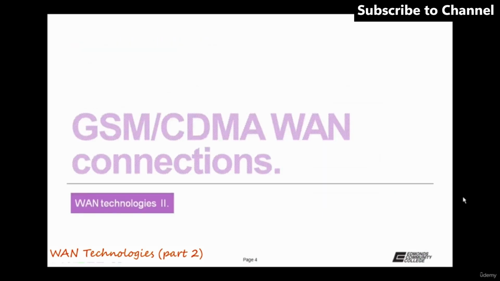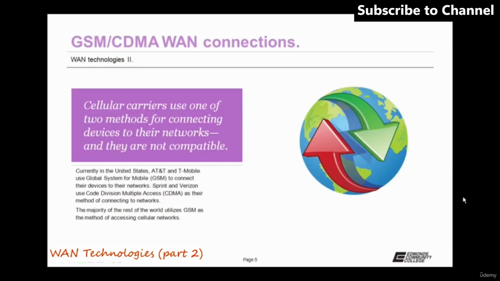And of course, I'm going to begin with the GSM and CDMA wide area network connections. All cellular carriers use one of two methods for connecting devices to their networks, and those methods are not compatible. Currently in the United States, AT&T and T-Mobile use the Global System for Mobile, or GSM standard, to connect their devices to their networks.